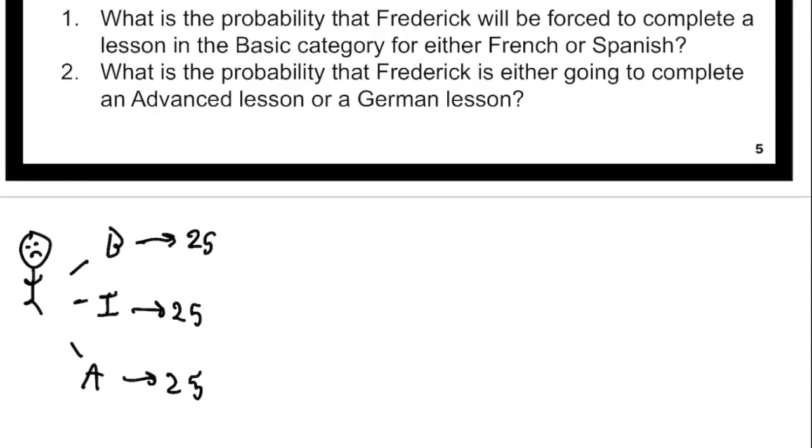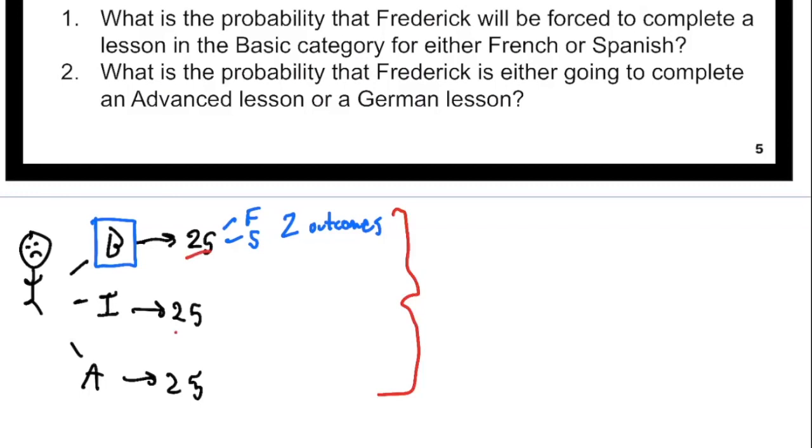We're looking for the probability that Frederick will be forced to complete a lesson in the basic category for French or Spanish. So in this situation, we're looking only at the basic category, and we're looking for French and Spanish. So of these 25, we know that French is one of them, and Spanish is another one of them. So we have 2 outcomes in our event here out of a total of, well, we have 25, 25, 25, out of a total of 75 outcomes.